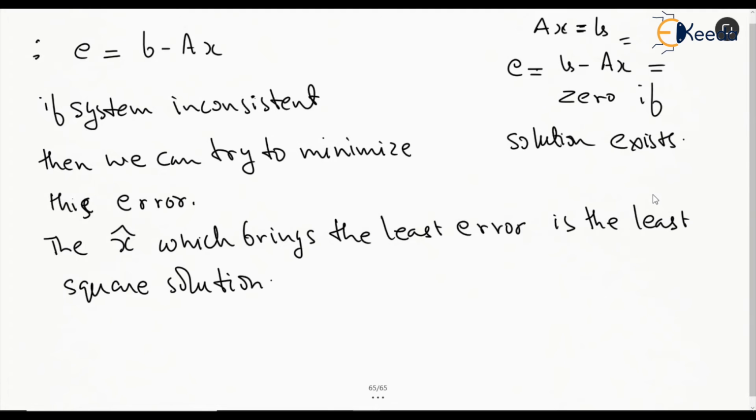Since the error can be 0 only if we have a solution and we are at that vector, in case we cannot make it 0, at least we can try to make it minimum, and that is what we have to do here. So that x cap, or x vector, will be the one which brings the least error, and that is what we call the least square solution. So it minimizes the normal distance, right?